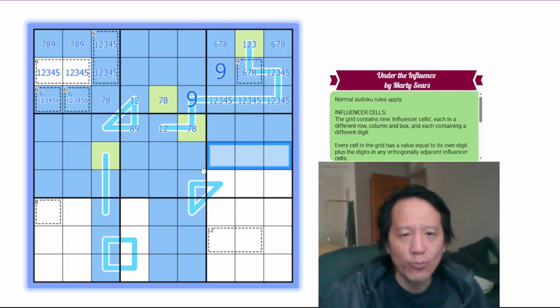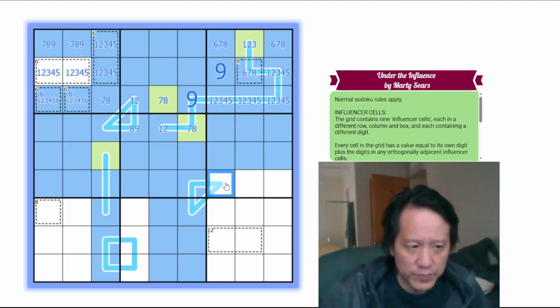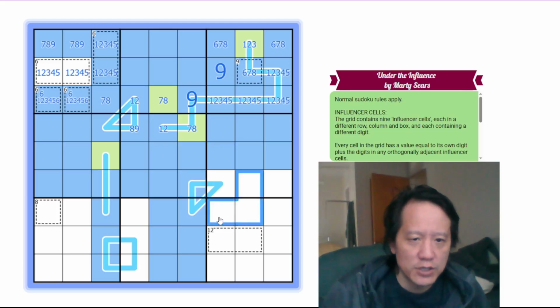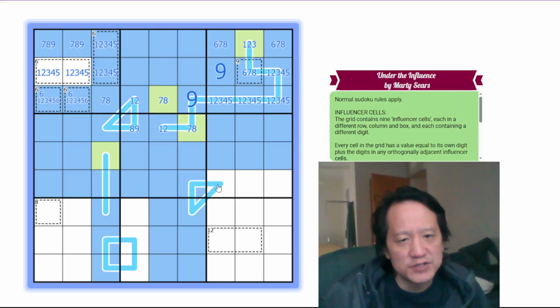Interesting. This digit cannot be with... If we had an influencer here, that would mean this cell, because the influencer can't be orthogonally adjacent to another influencer, because there's only one influencer per row, per column, and per box. The value of this cell would be equal to this digit plus that digit.